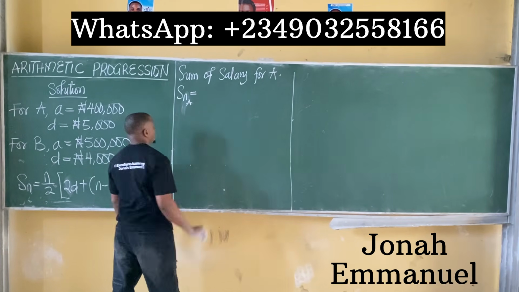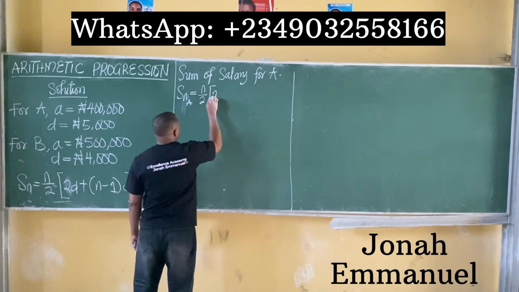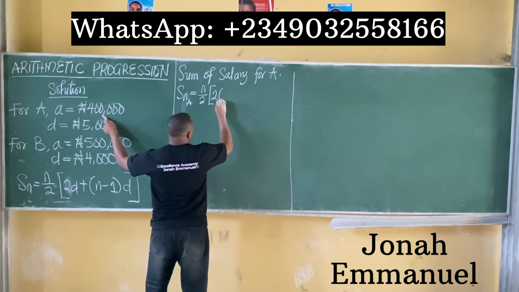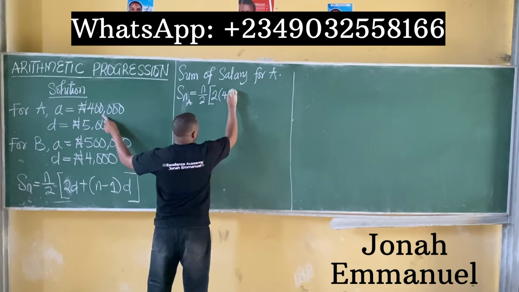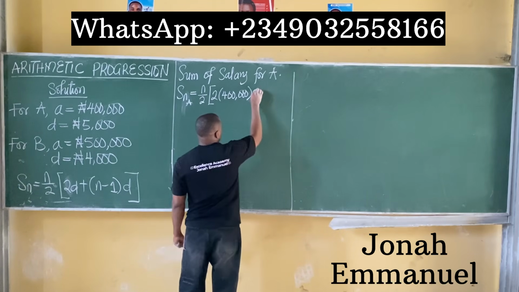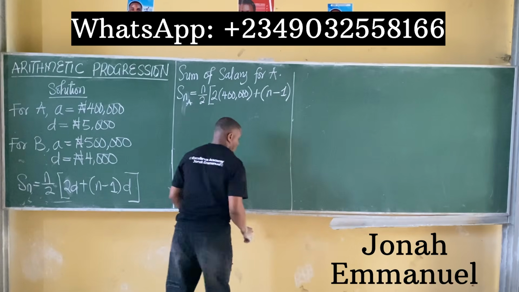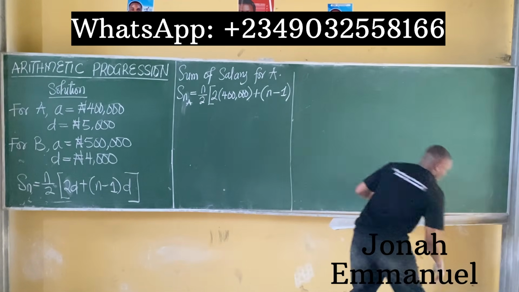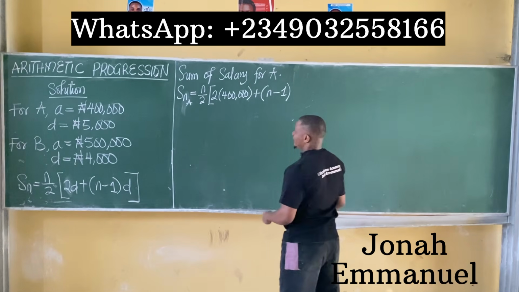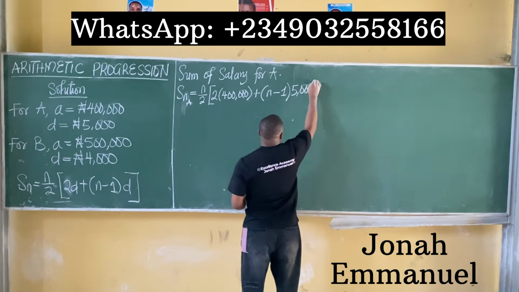So S of n for A is equal to n over 2 into 2a. For man A, a is 400,000, so 2 times 400,000, plus n minus 1 into d. d for man A is 5,000, so this is into 5,000.